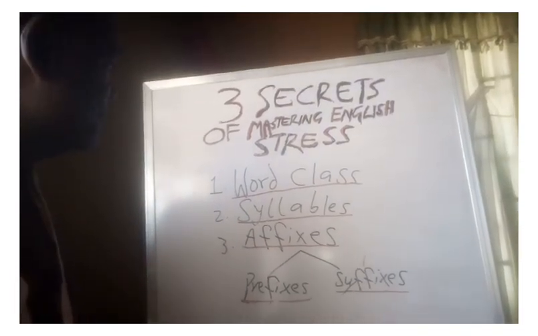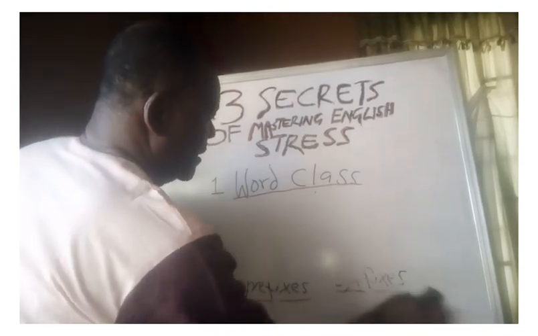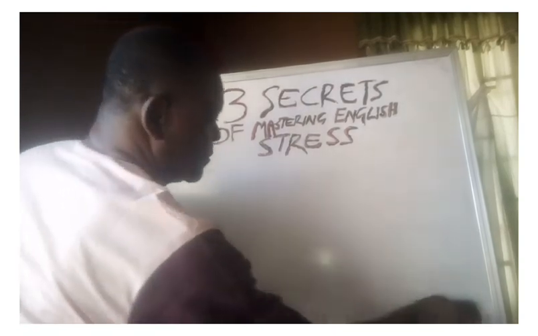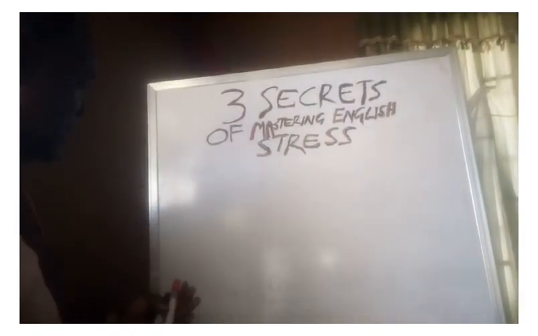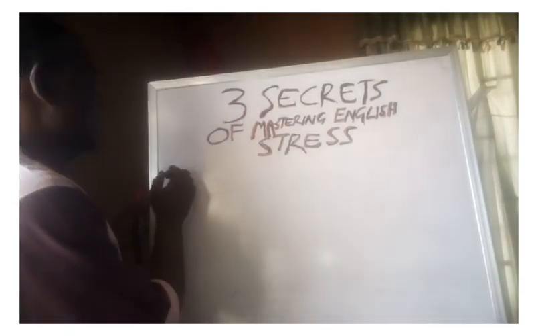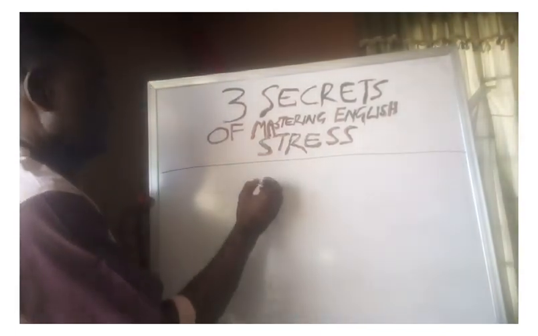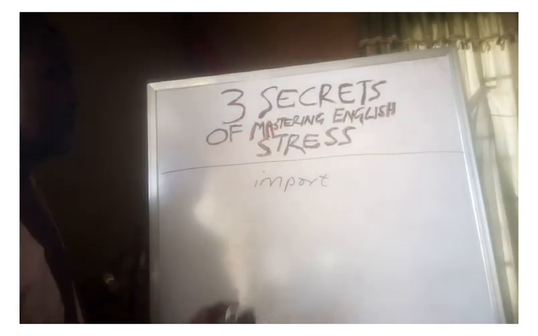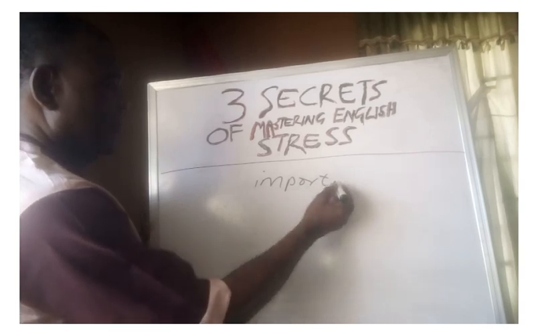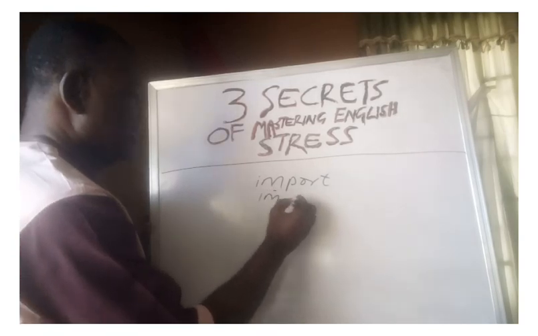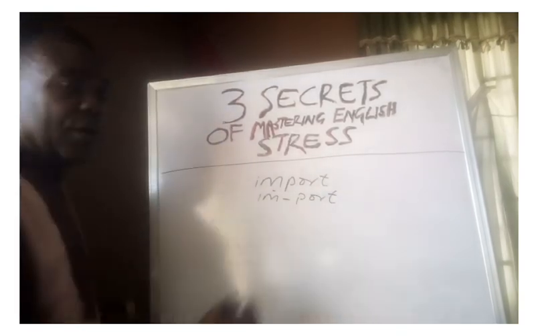But let's have a clear board so that we will be able to illustrate the things that we say. Let's give an example with the word import. When we are looking at the word import, of course, we know that this word is made up of 2 syllables, im and port.